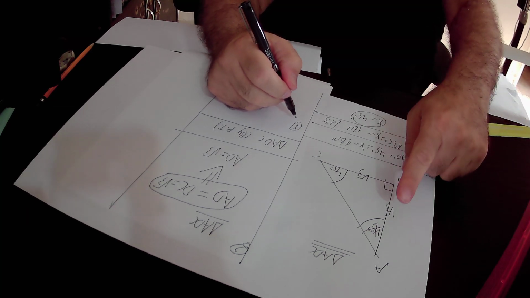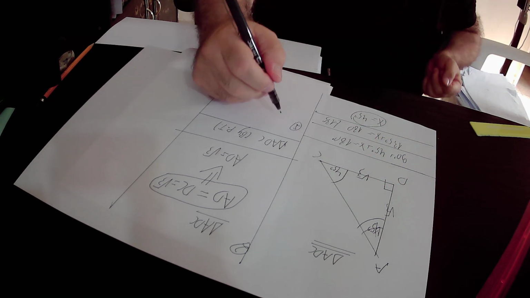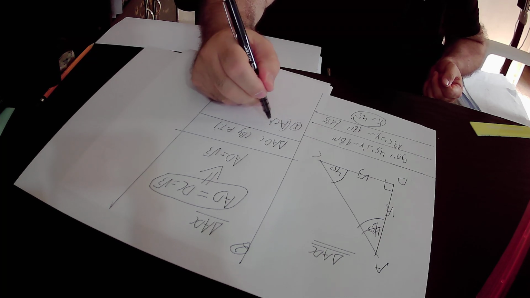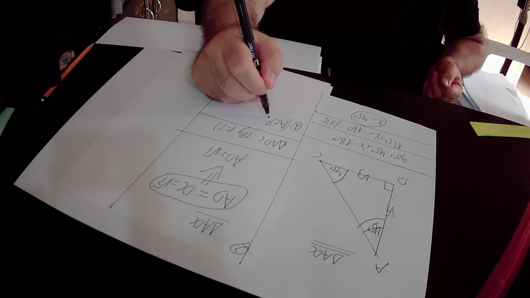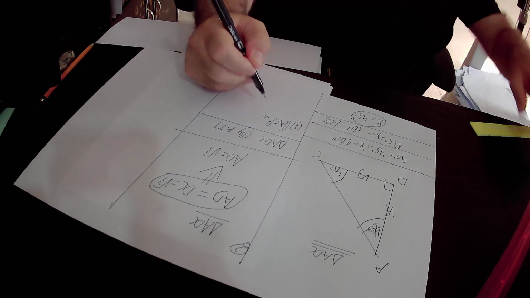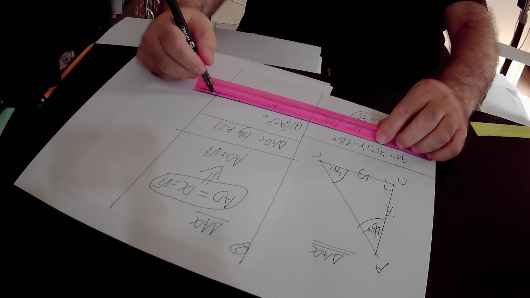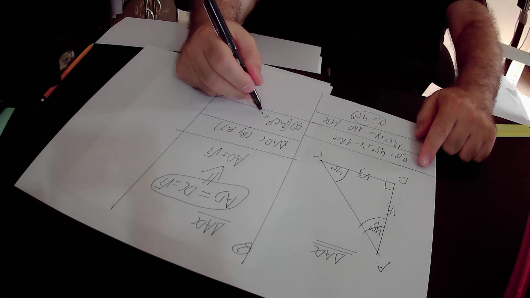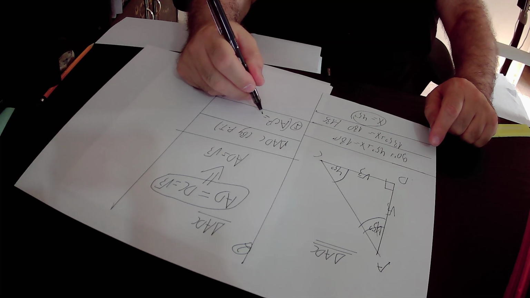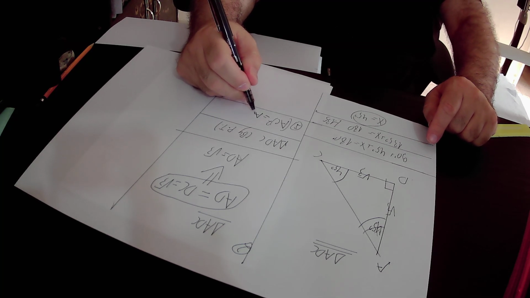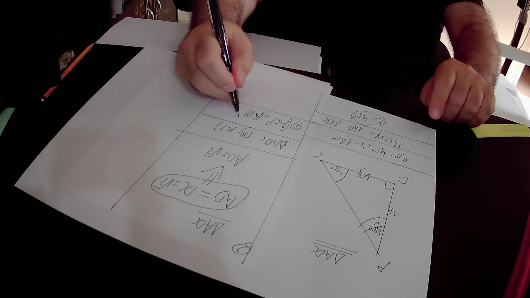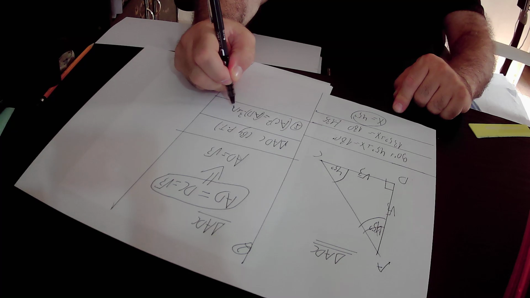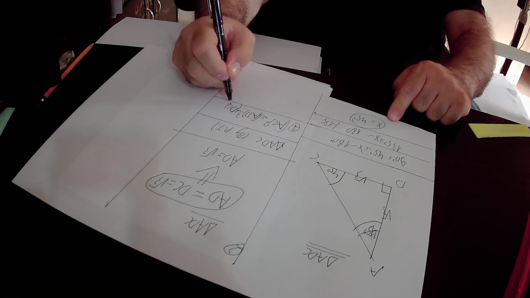So the hypotenuse is AC, and the square of the hypotenuse is AC squared, and it must be equal to the sum of the squares of the perpendiculars. That is to say, it must be equal to AD squared plus DC squared.